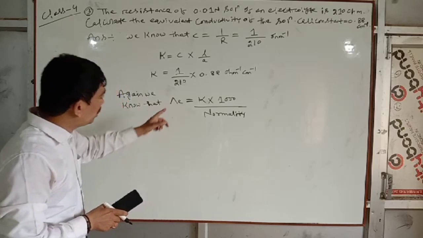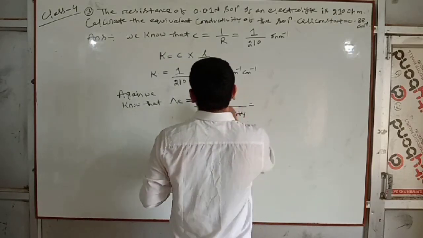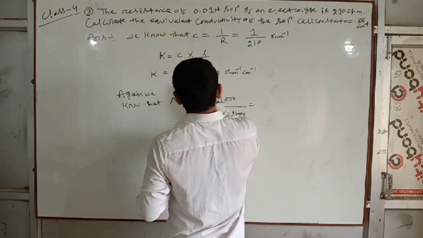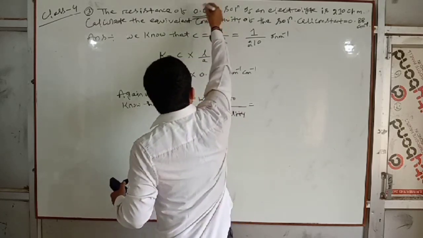Equivalent conductance equal to kappa into 1000 by normality. So look, kappa is how much? 1 by 210 into 0.88. 1000 by normality, normality is given as 0.01.